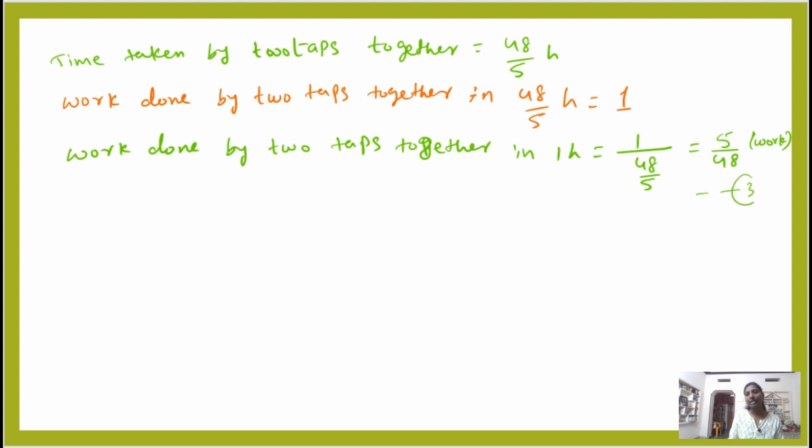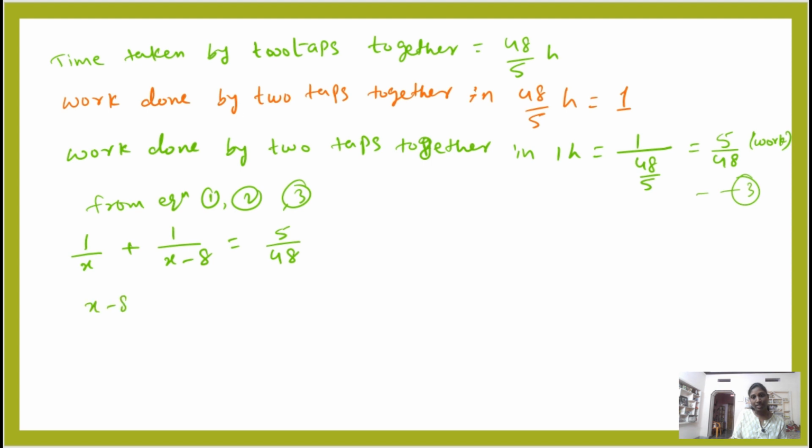Take it equation number 3. Now from equations 1, 2 and 3 we can write 1 by x plus 1 by x minus 8 is equal to 5 by 48. Okay. Now if you simplify it, you will get a quadratic equation.